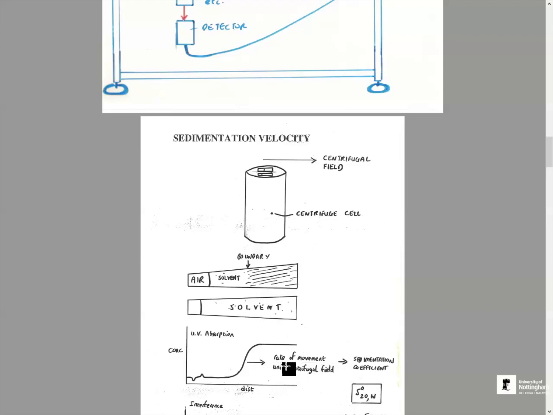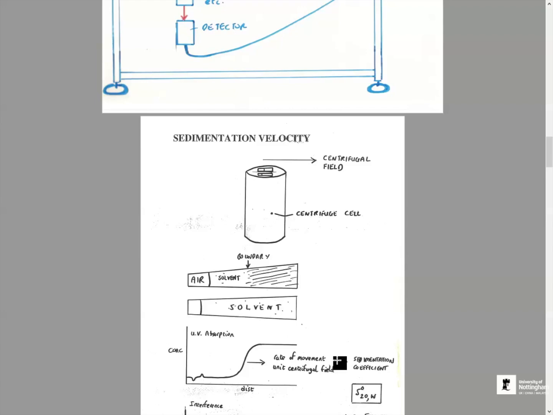And the rate of movement of the boundary, and apologies for this, but there should be a line underneath here which has got removed in the copy. So it's the rate of movement of the boundary per unit centrifugal field, divided by the centrifugal field, that gives you the sedimentation coefficient.